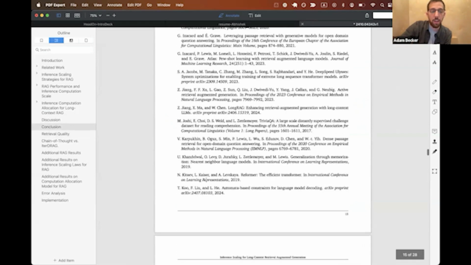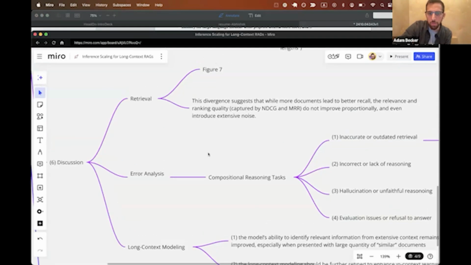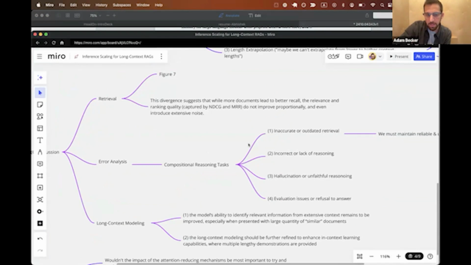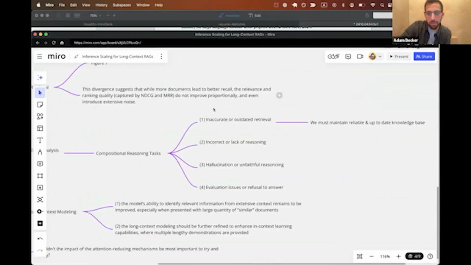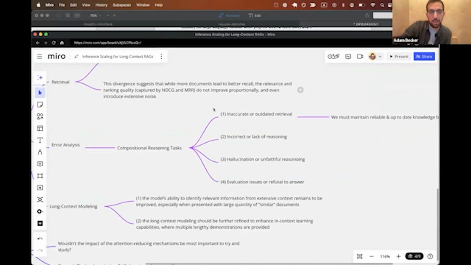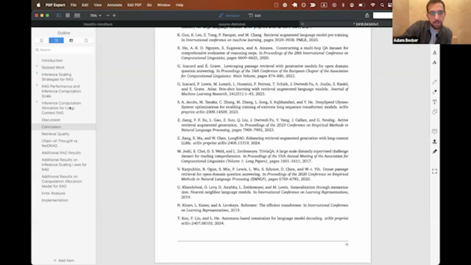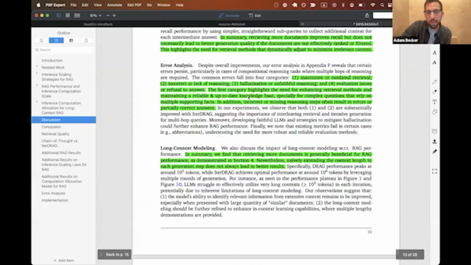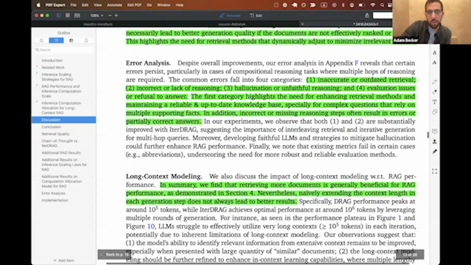So that's in retrieval, and I think they also point to, we have to invest in retrieval, and we have to invest in making sure that what we are retrieving is also accurate. And they point to this as another thing to focus on. So we have retrieval here. Then they break it down into the different sources of error.